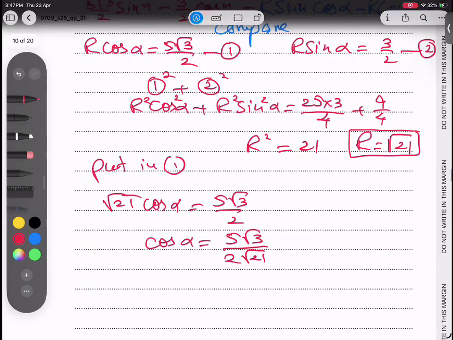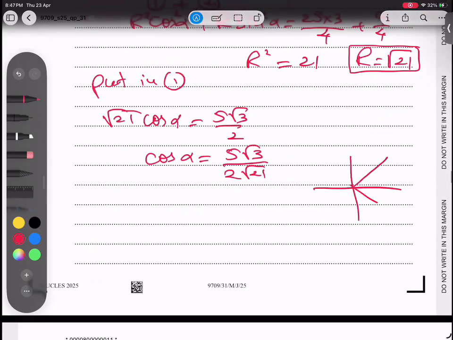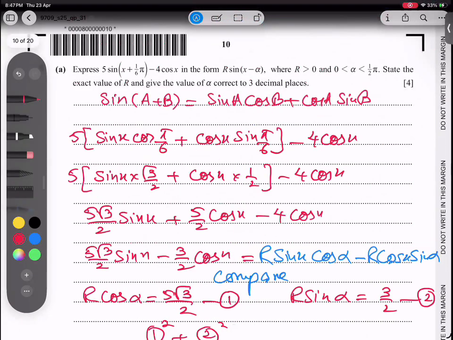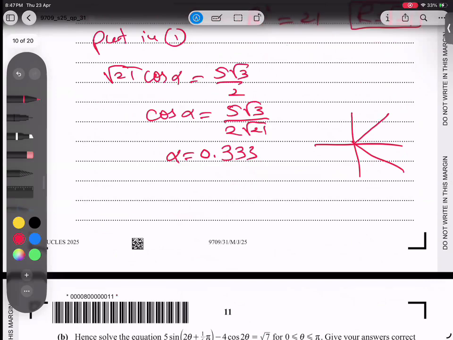And now cos is positive here and here, but I will take this only. So I will take cos inverse. All right, so I'm typing in the calculator and I'm getting 0.33. Alpha is coming 0.333, 3 dp he said. So we have the answer, Alhamdulillah Rabbil Alamin, clear.